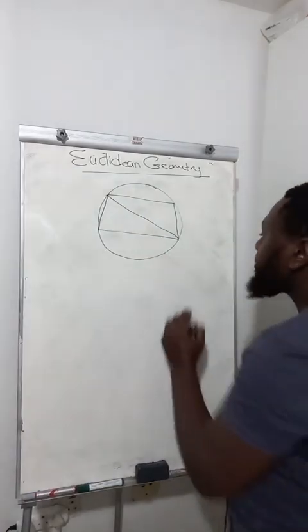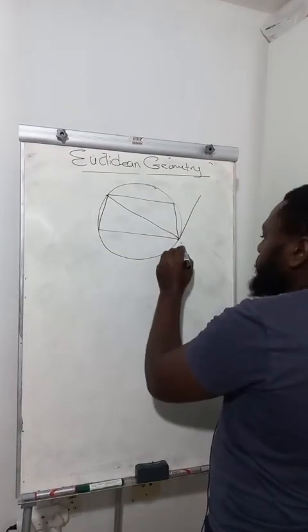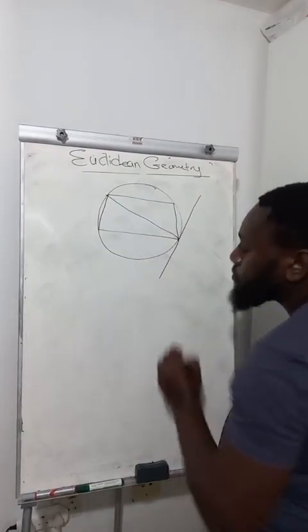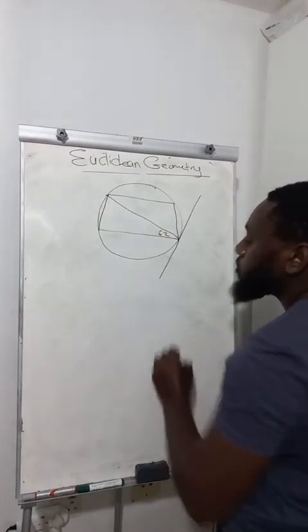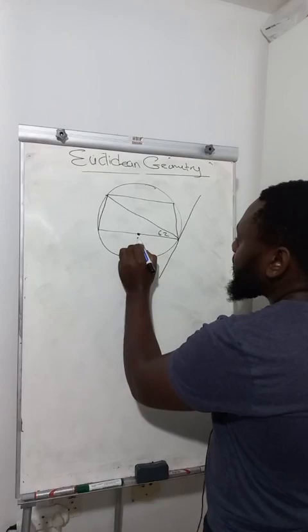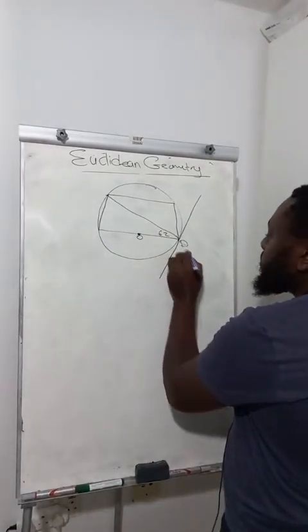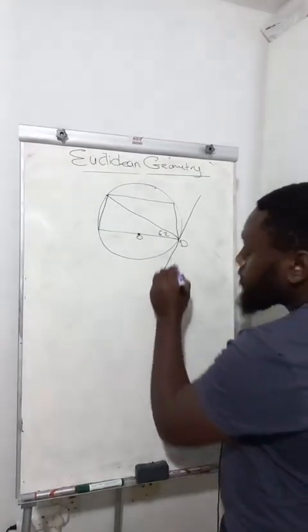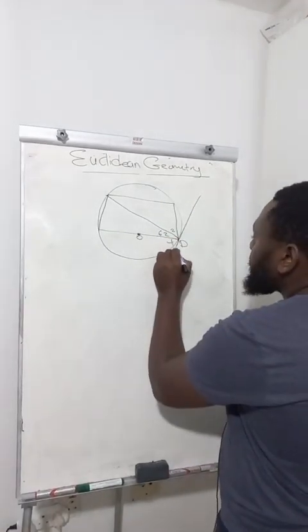This is the center O. This is D. This is 2, this is 4.